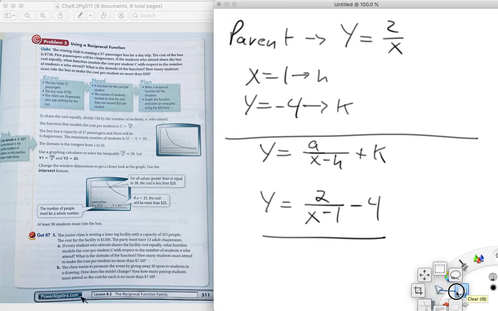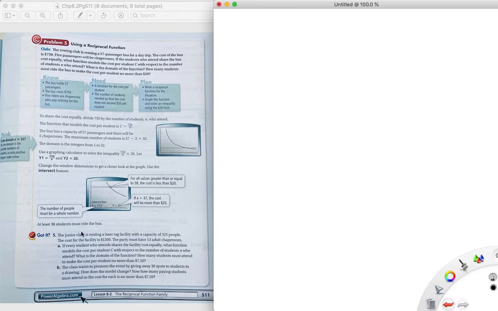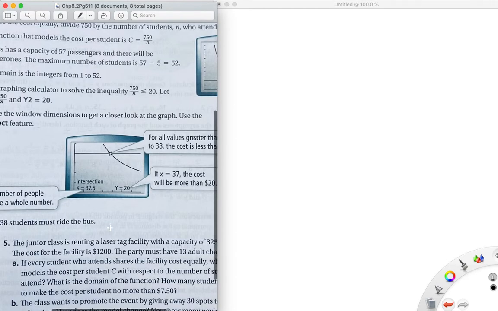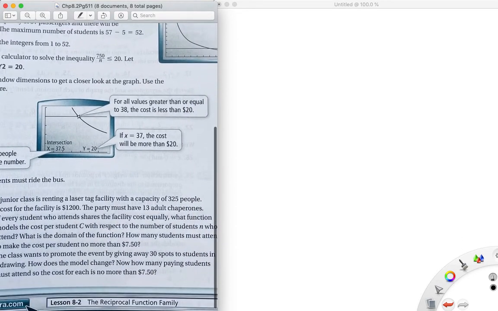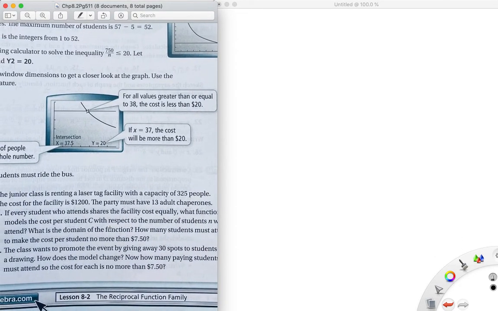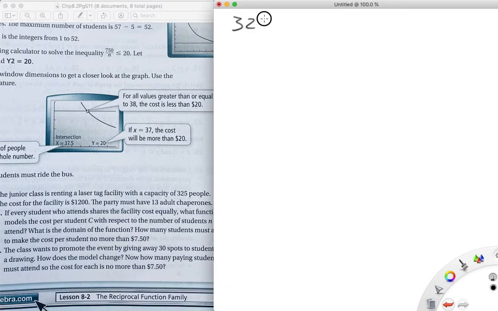All right, so this is going to use an inverse function to solve. So we have 325 people. They're renting a facility for laser tag. It costs $1,200.